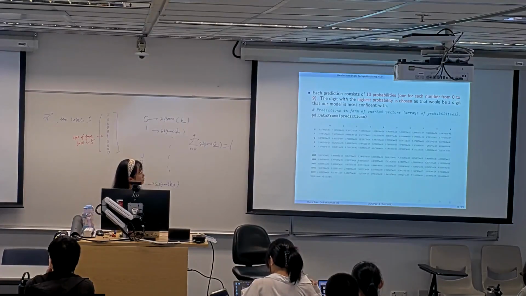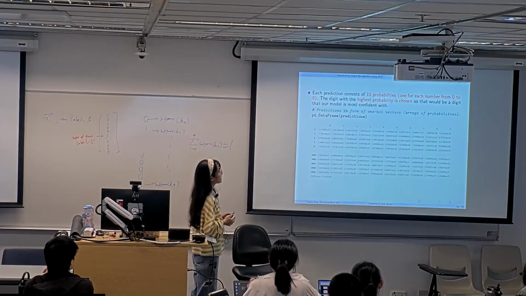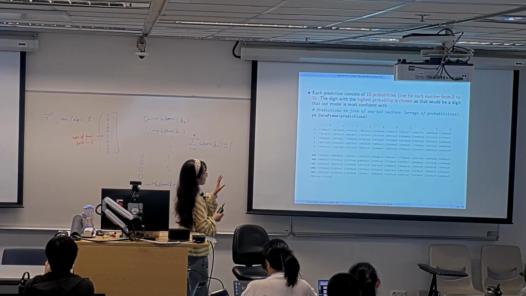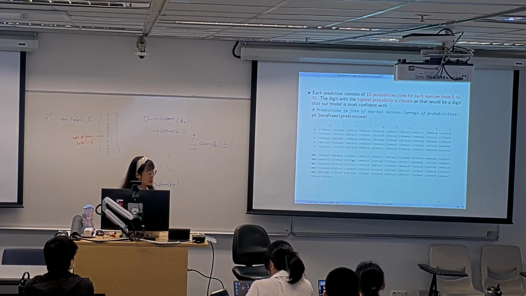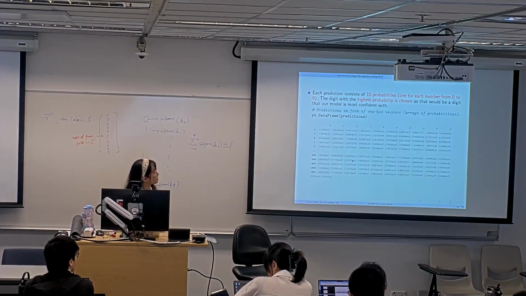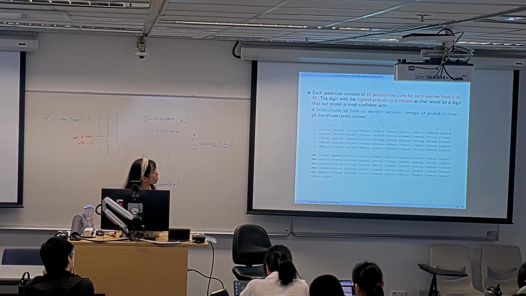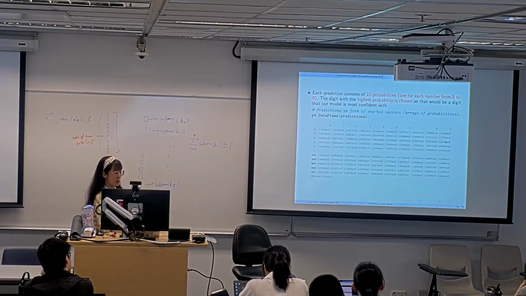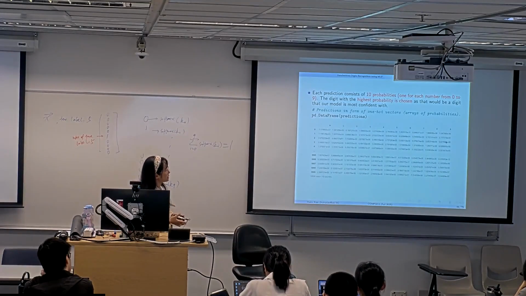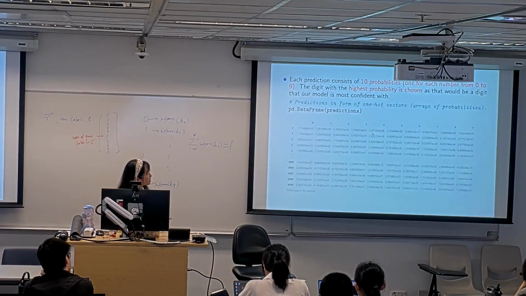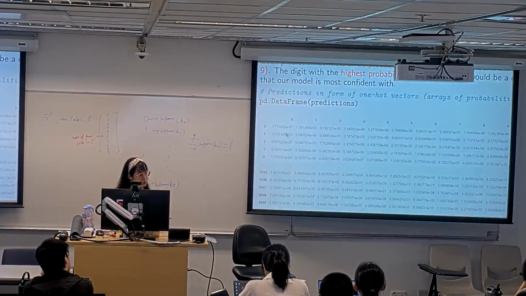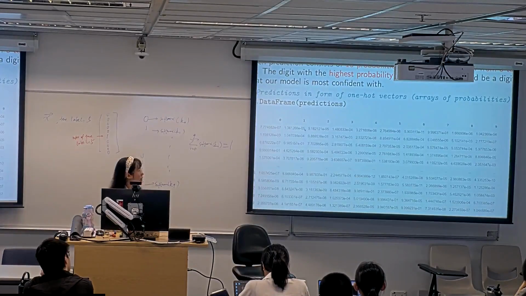You can also print out all of these predictions by using pandas, because in pandas it's relatively convenient to see all of these numbers. Each prediction has 10 numbers. Each row is one testing data, and each column is a class, class 0 to class 9, which means the 10 probabilities. If you look into the first data point, it has 10 probabilities like this.